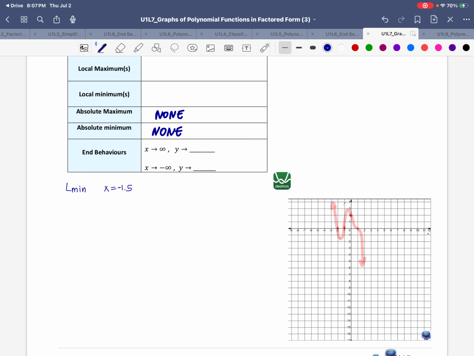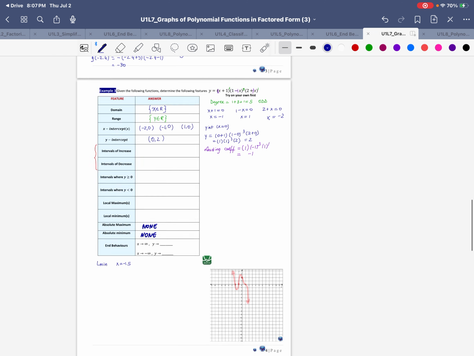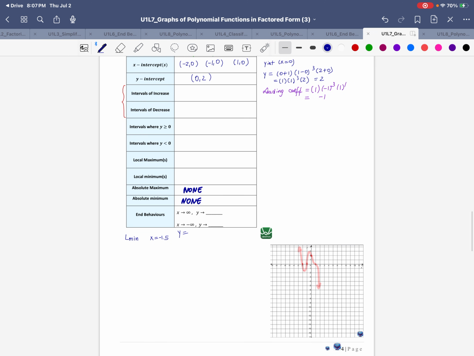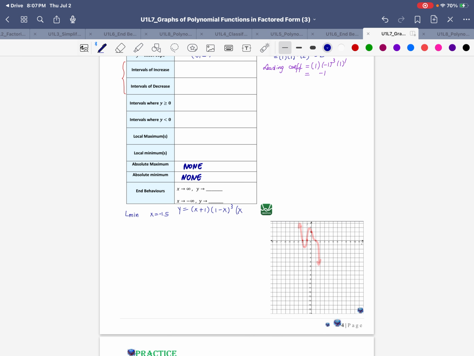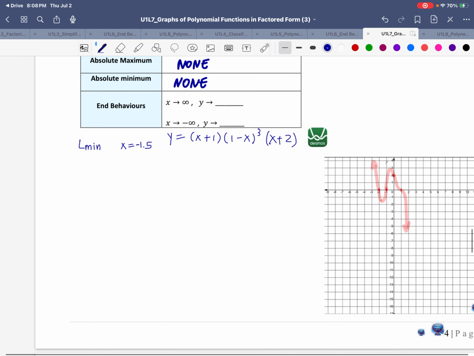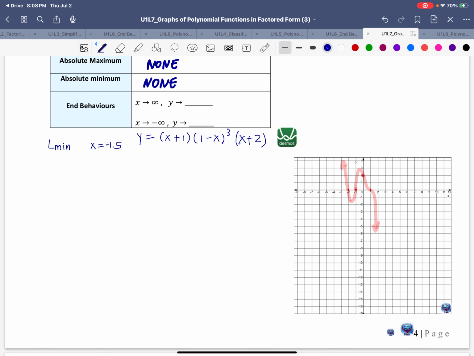And the equation of our function, let's bring it down here, is y equals (x plus 1)(1 minus x)^3 (x plus 2). It's easier that way. So f at -1.5 would be equal to (-1.5 plus 1)(1 minus -1.5)^3 (-1.5 plus 2).